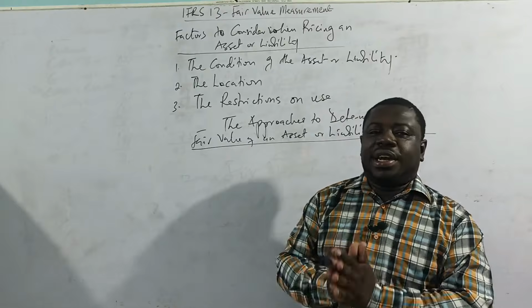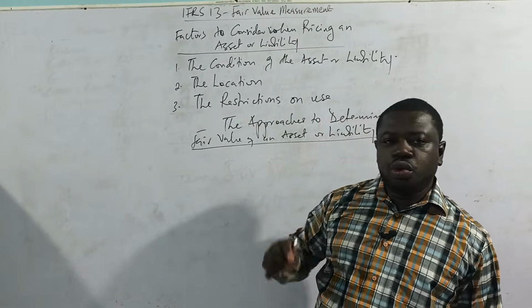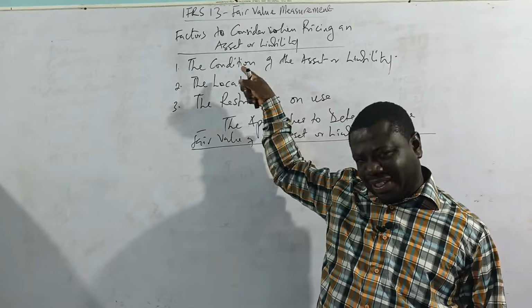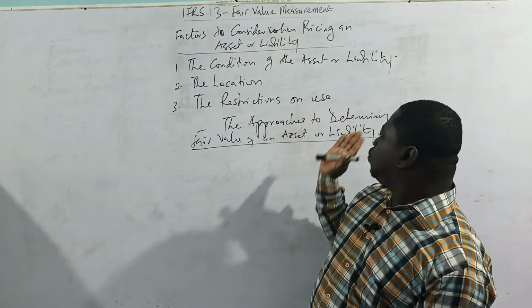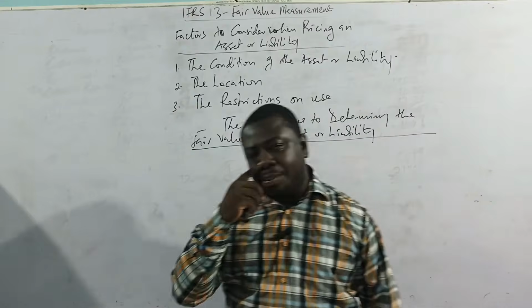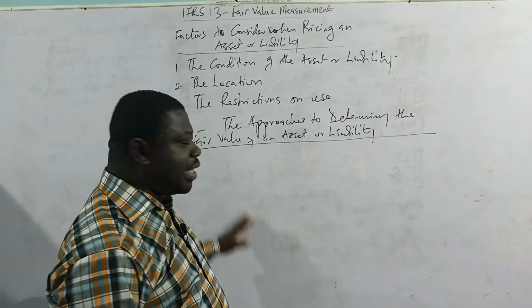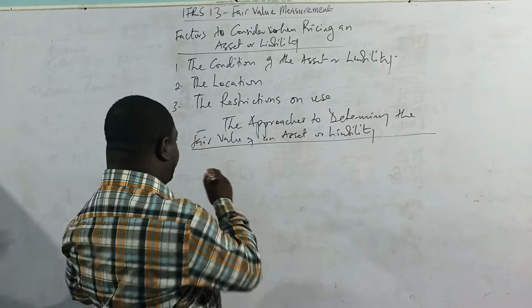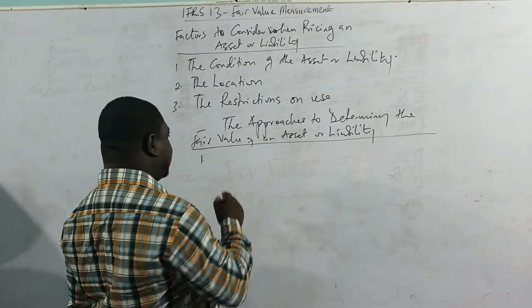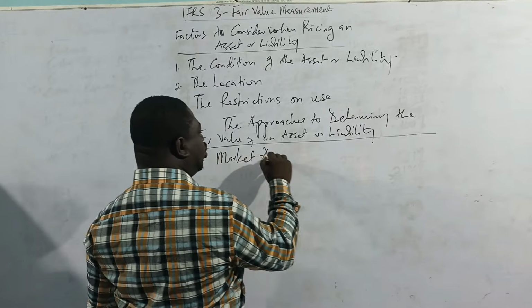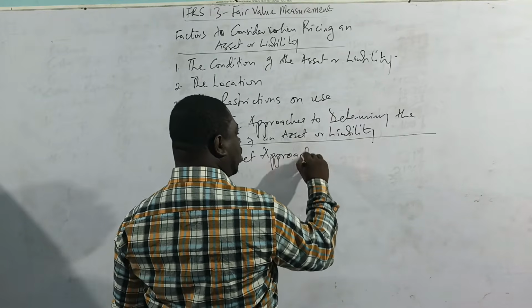Now, there are three approaches to determining the fair value. So the factors to consider when pricing are different from the approaches to determining the fair value. There are three approaches to determining the fair value of an asset or liability. I'm going to list them and then explain them to you. The first one is the market approach.